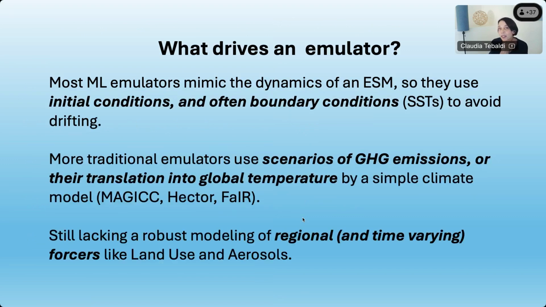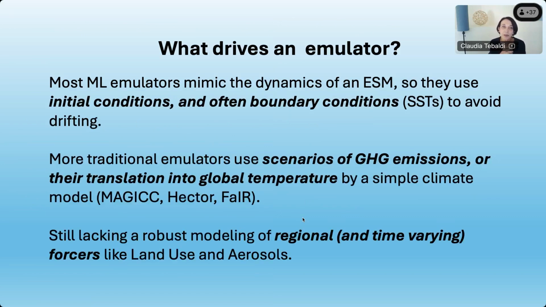We also try to review what are the drivers that are needed to make an emulator produce climate output similar to a spatially resolved and time frequency resolved type of model.